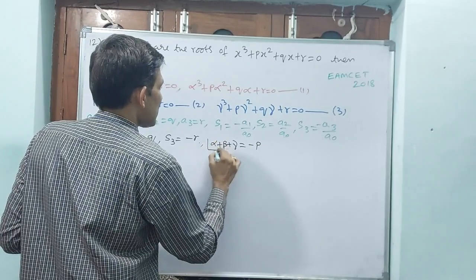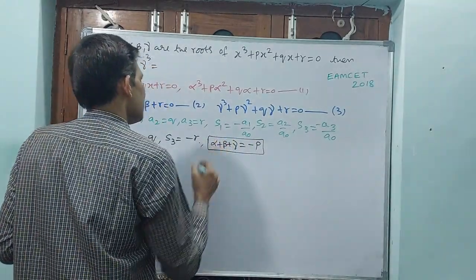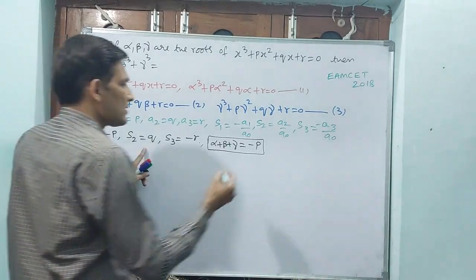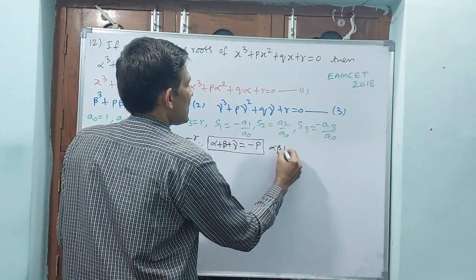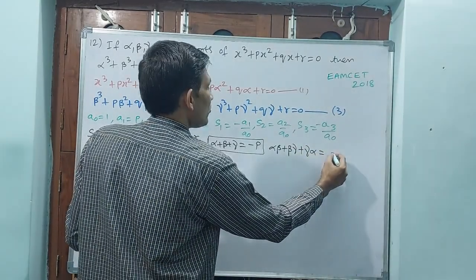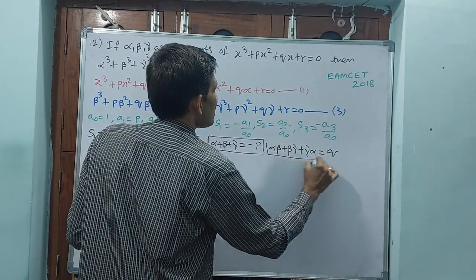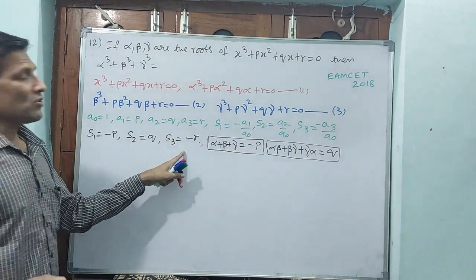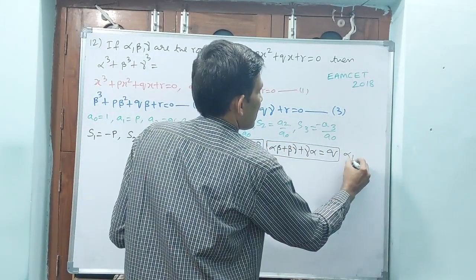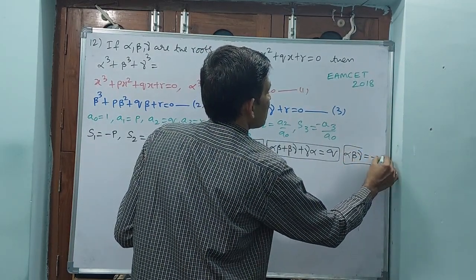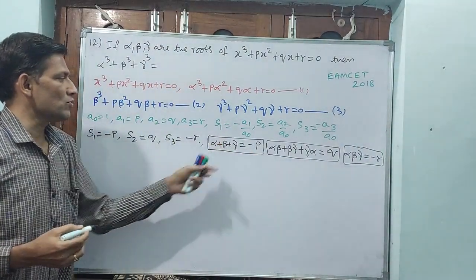Rather than taking it as an equation, you box it, or else you take it as an equation; that is not wrong. Alpha beta plus beta gamma plus gamma alpha is equal to q. This also you take as an equation or box. Alpha into beta into gamma is equal to minus r, because that is S3, S2, S1.